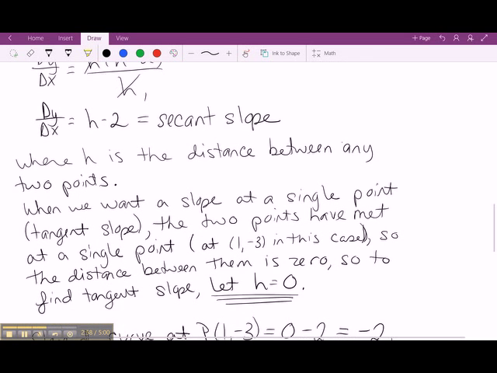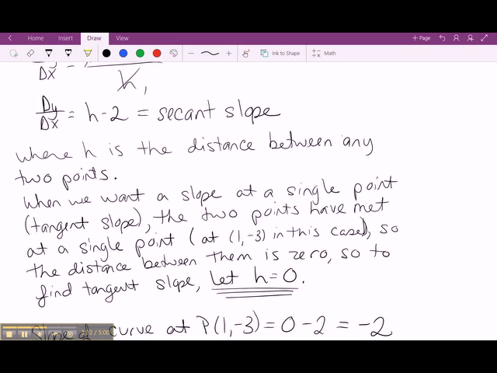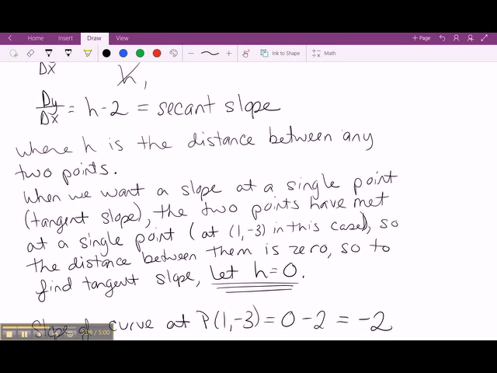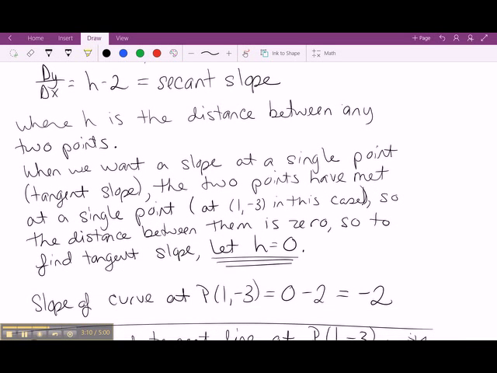Now, h is the distance. If you read through the example there on page 61, h is basically the distance between any 2 points, the x distance, the distance between the x's. When we want a slope at a single point, which is a tangent slope, like I said in the previous video, that means that those 2 points have met at a single point. So one is approaching the other.